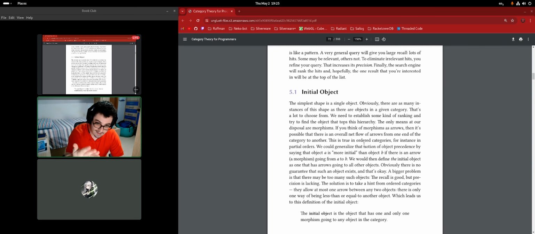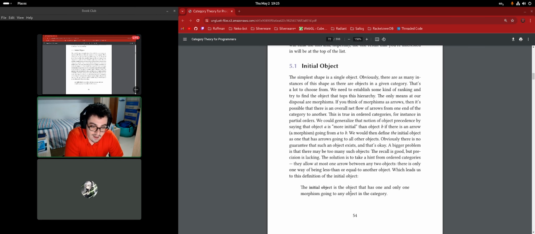This label, initial, is because this object has one and only one morphism, not a single instance of it, but it's the same. There is a difference in there. So you can have any amount of the same morphism if they are going from that object to any other object in the category. So that's the initial object.